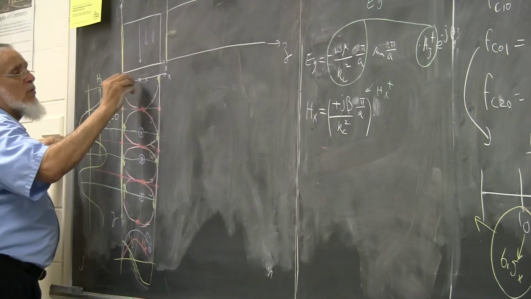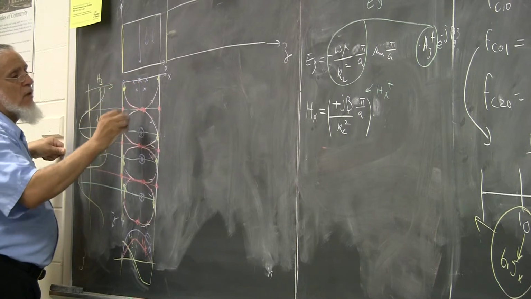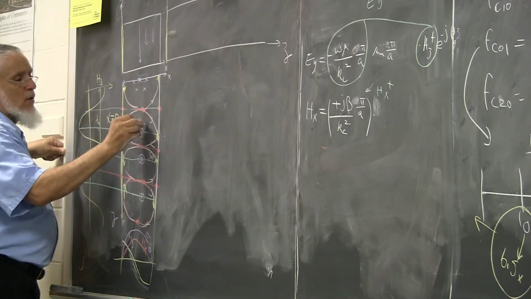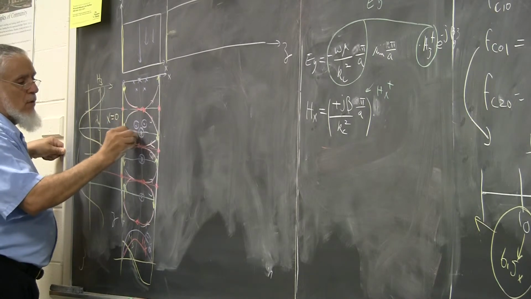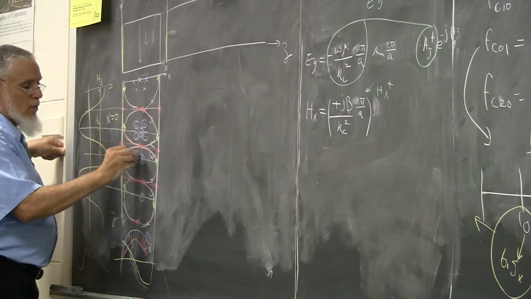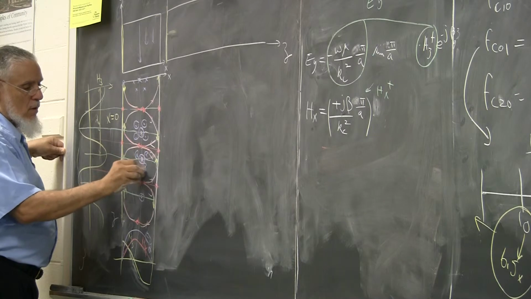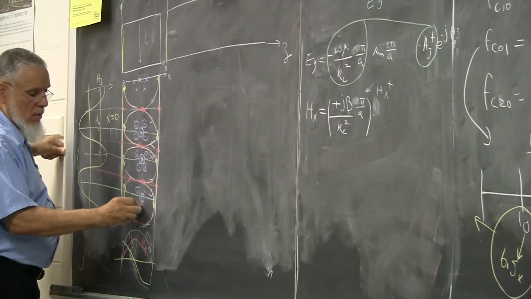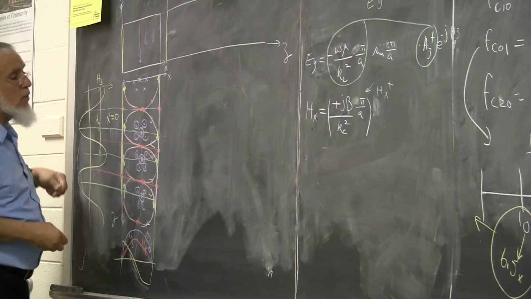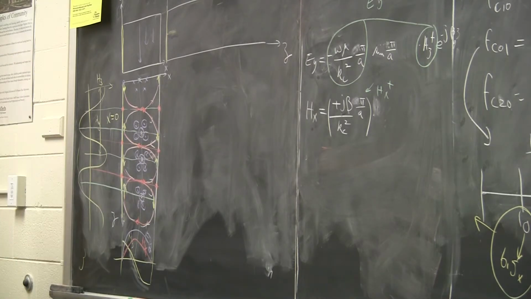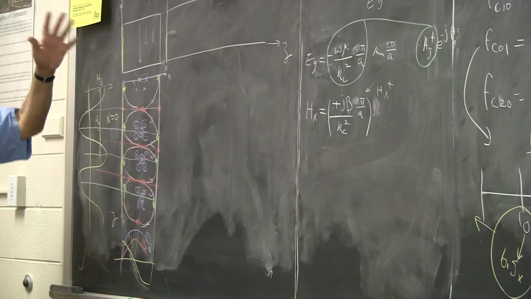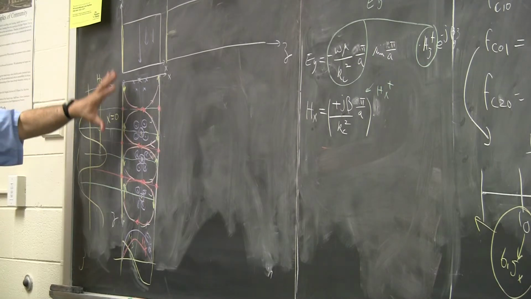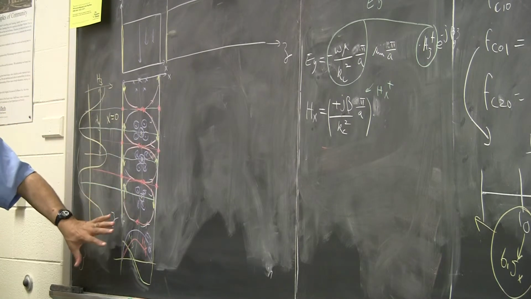So if you wish to do it, these are the pluses. Here, these are the dots. Here are the crosses. Dots, and so on and so forth. I didn't have enough time to do the other diagrams, but you can see what's going on here, all right?